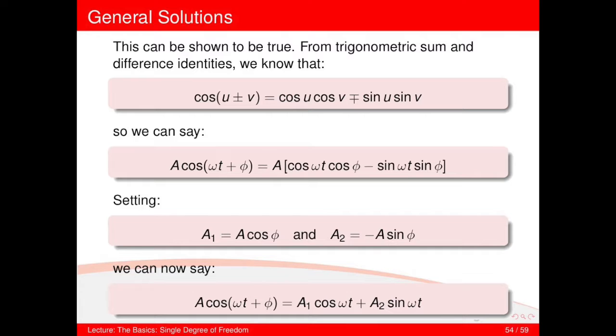And what we do is we define A1 to be A cosine of phi, and A2 to be minus A sine of phi. And so you can plug these two things into this equation, and you end up getting A cosine of omega t plus phi is equal to A1 cosine of omega t plus A2 sine of omega t. So that's an alternative form for that equation.